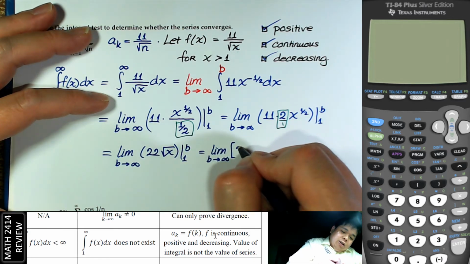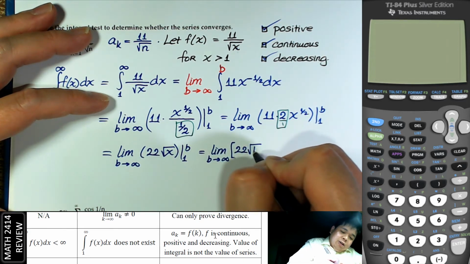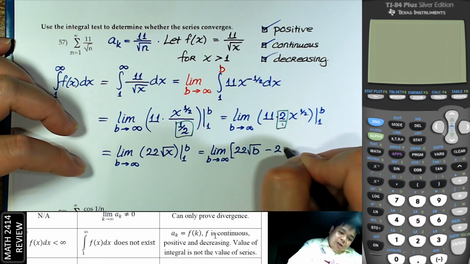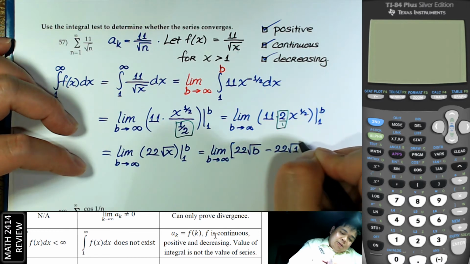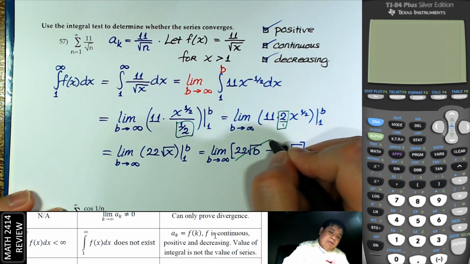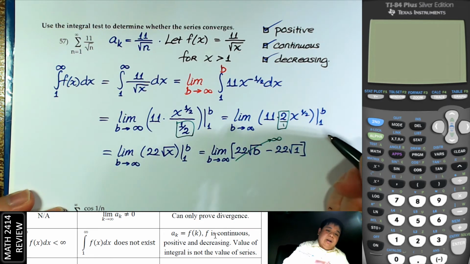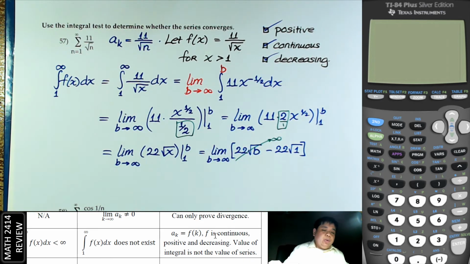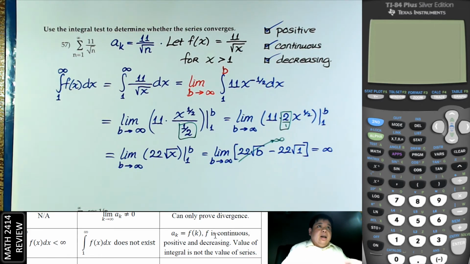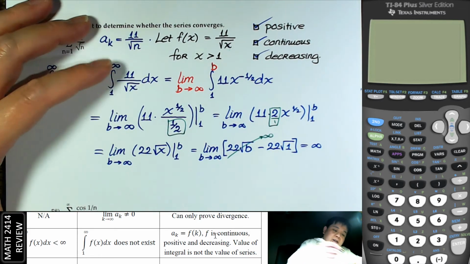So put b into it. Now as b goes to infinity, this goes to infinity. As b goes to infinity, infinity minus 2 is still infinity. Because of that, this integral is divergent.